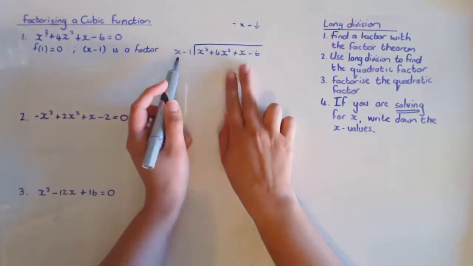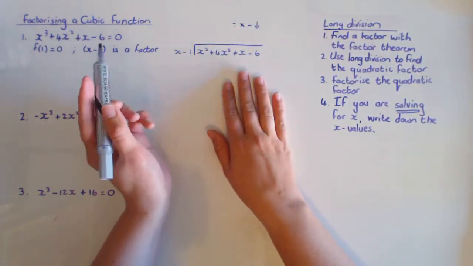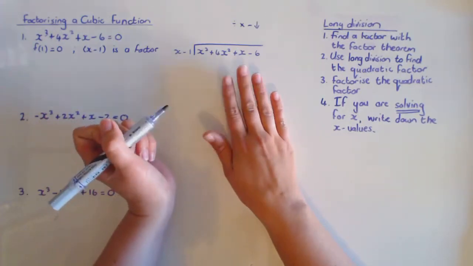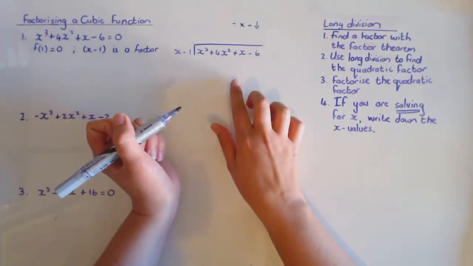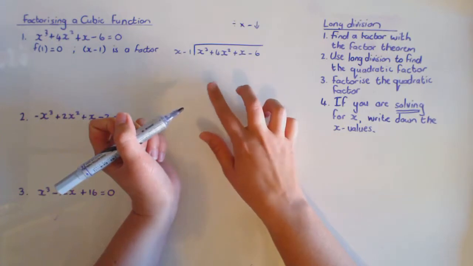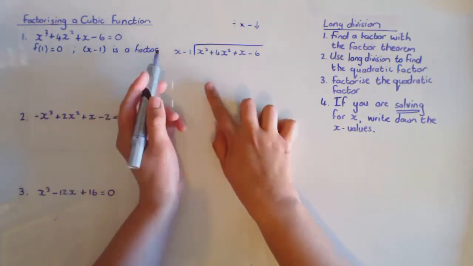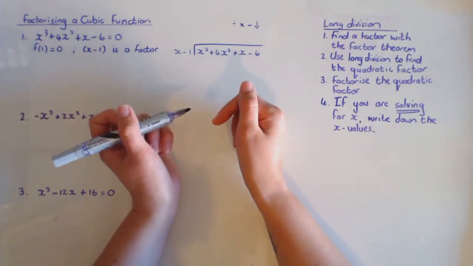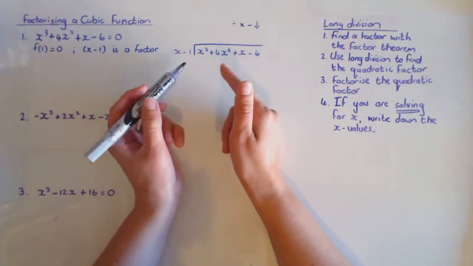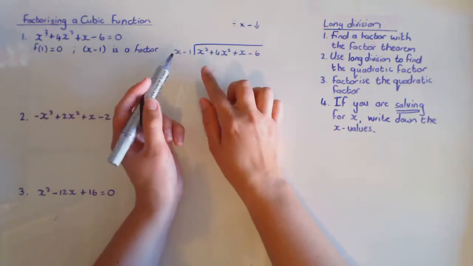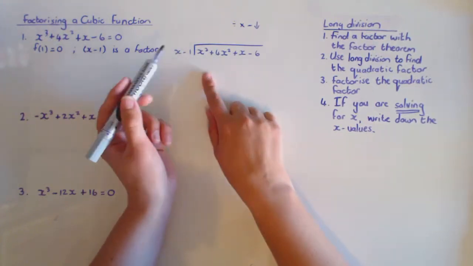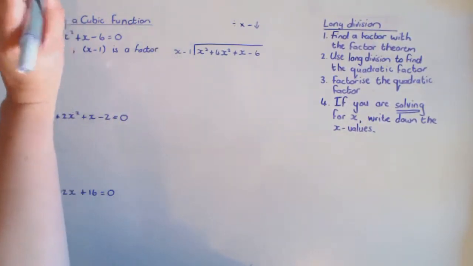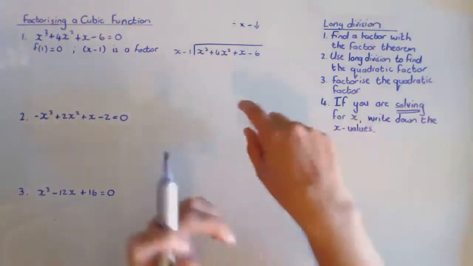This is one of the longest methods of finding the factors of a cubic function, but I think it's one of the easier methods. If you practice the long division enough, you'll be quite fast with it because it's very basic calculation.